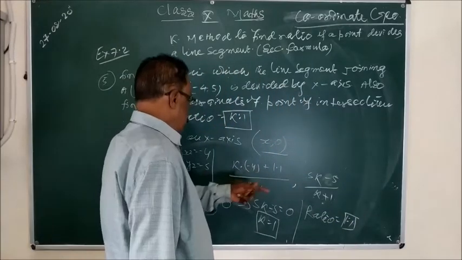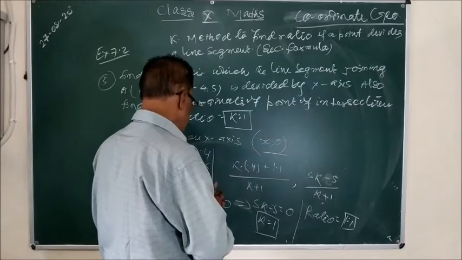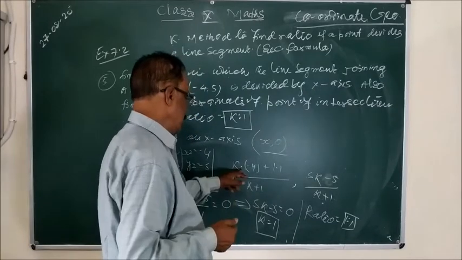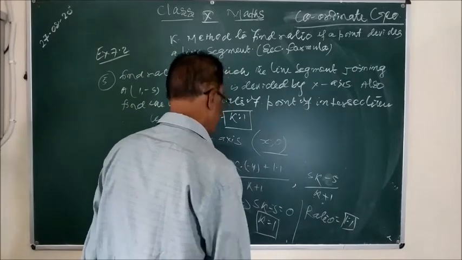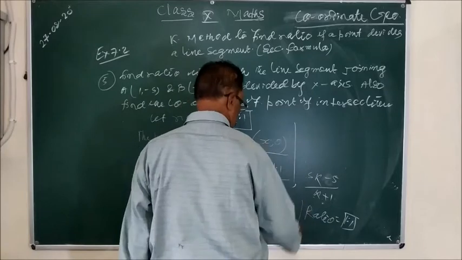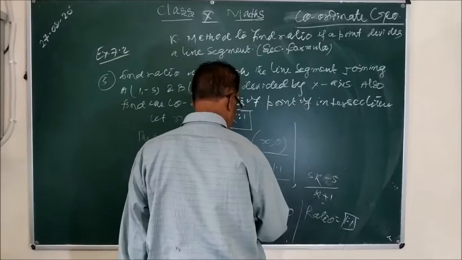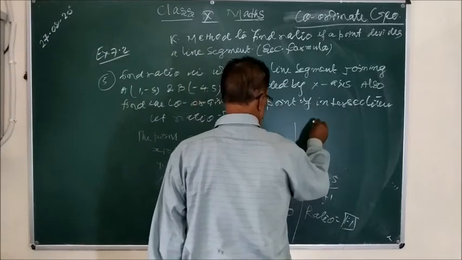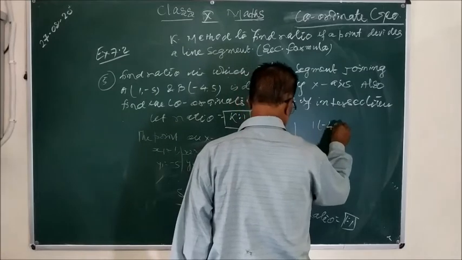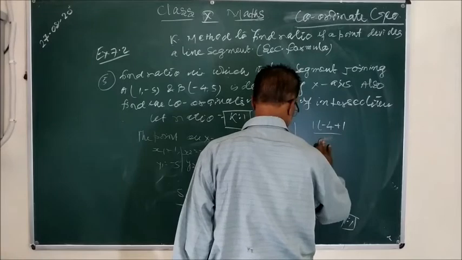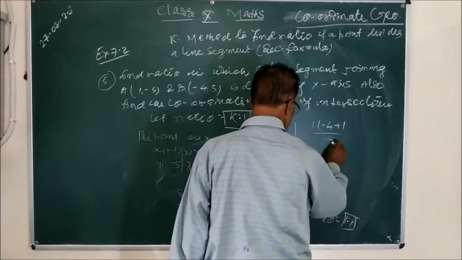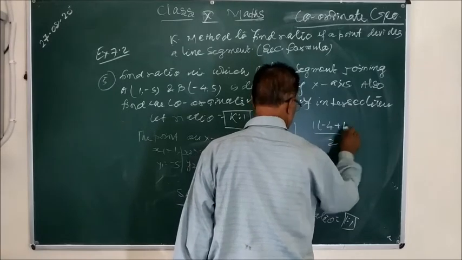If you put the value of k here, you will get the coordinates of the point of intersection. On putting the value of k, 1 into minus 4 plus 1 upon 1 plus 1, this will be 2, is equal to x.